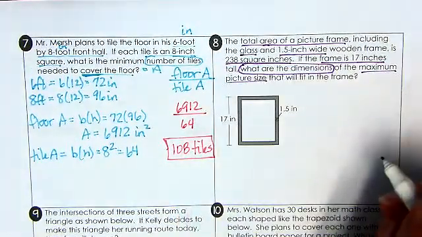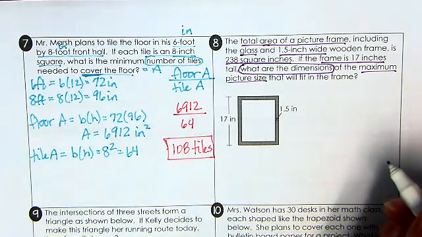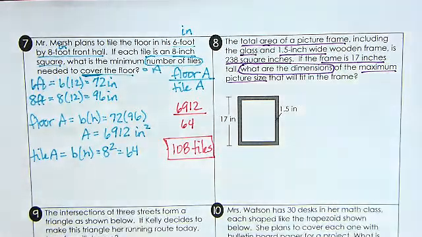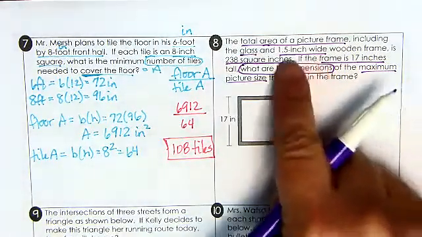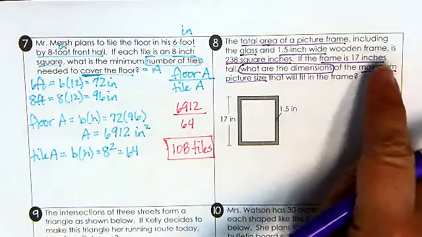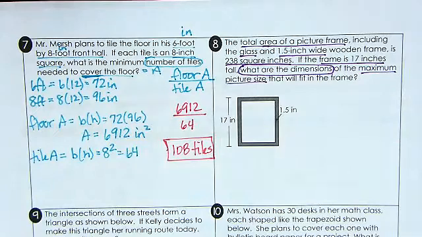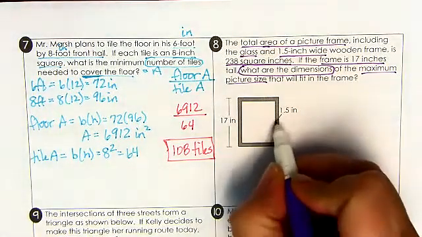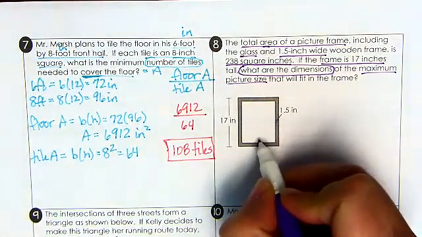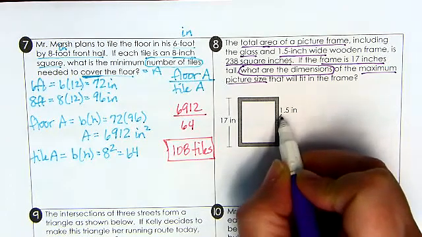So therefore, I'm needing to find, it wants a 1.5 wooden frame. Okay, so for this, we're trying to find what are the dimensions inside of here. Okay, remember we've got the frame that's 1.5 here.